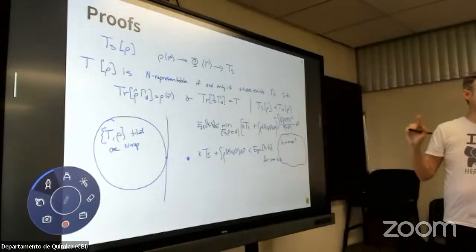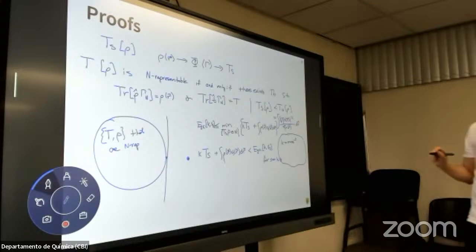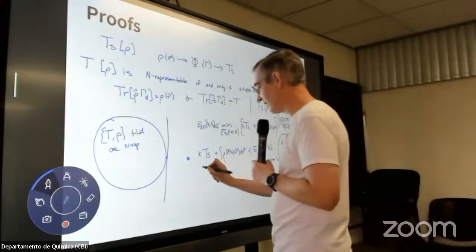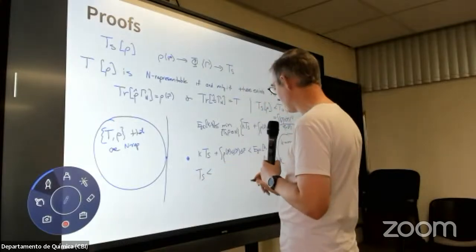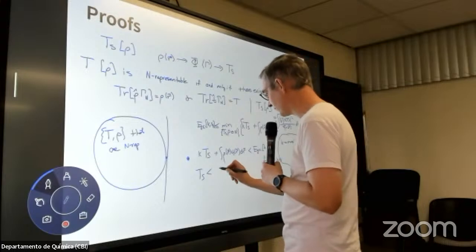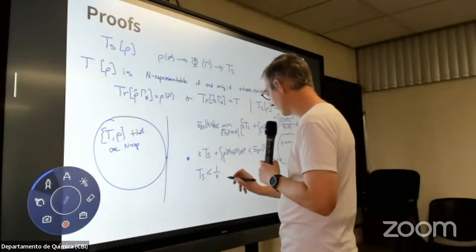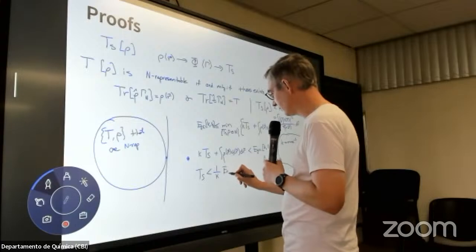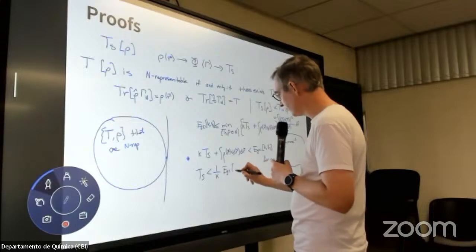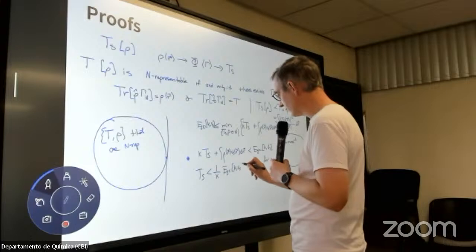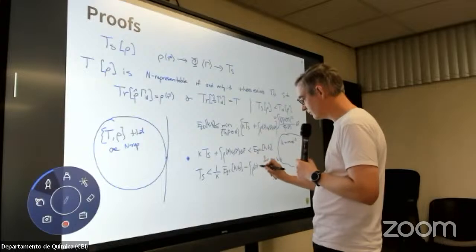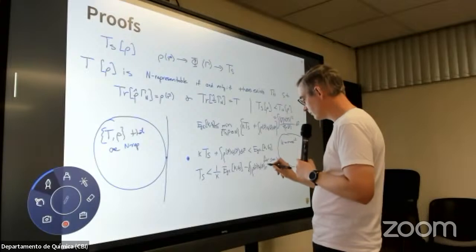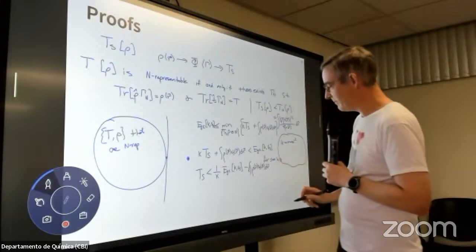Now I can clean this up a little bit, right? And so what does this mean? This means that TS is less than... okay.